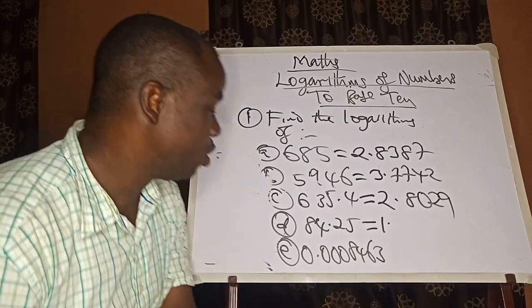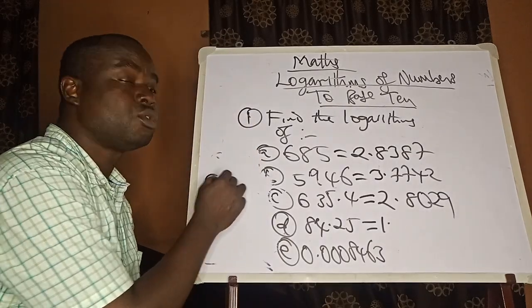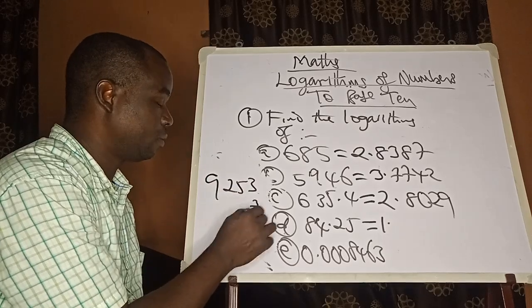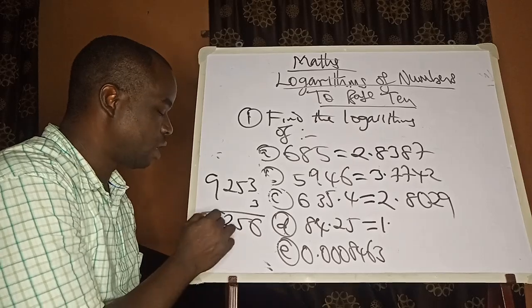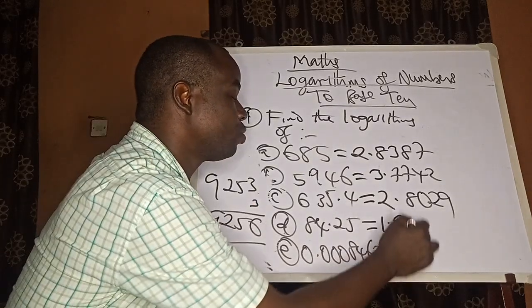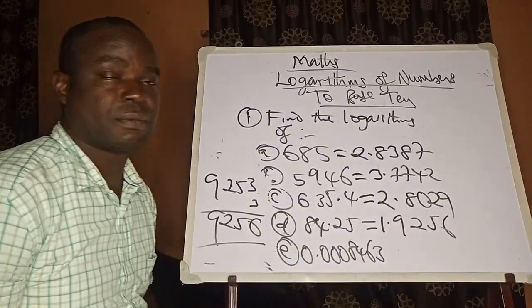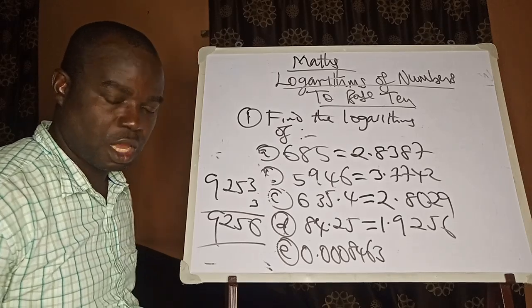Difference 5 is 3. So I have 9253 plus 3. That is 9256. That's the answer. Are we following?